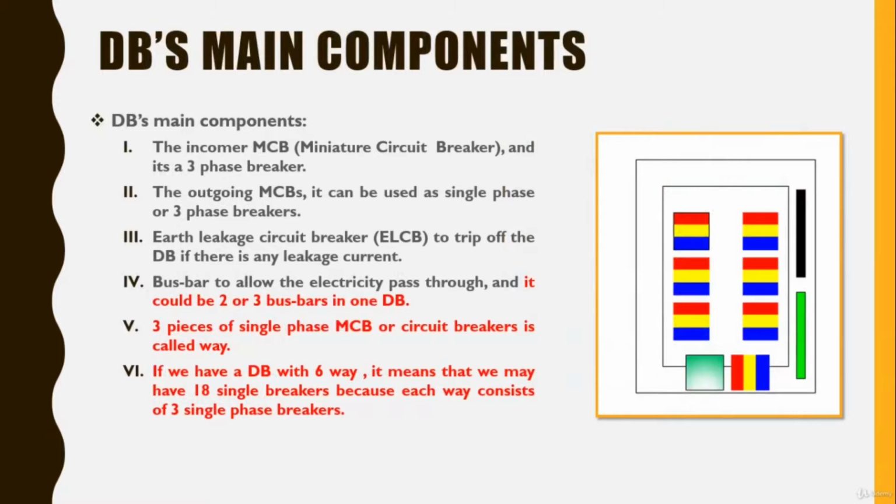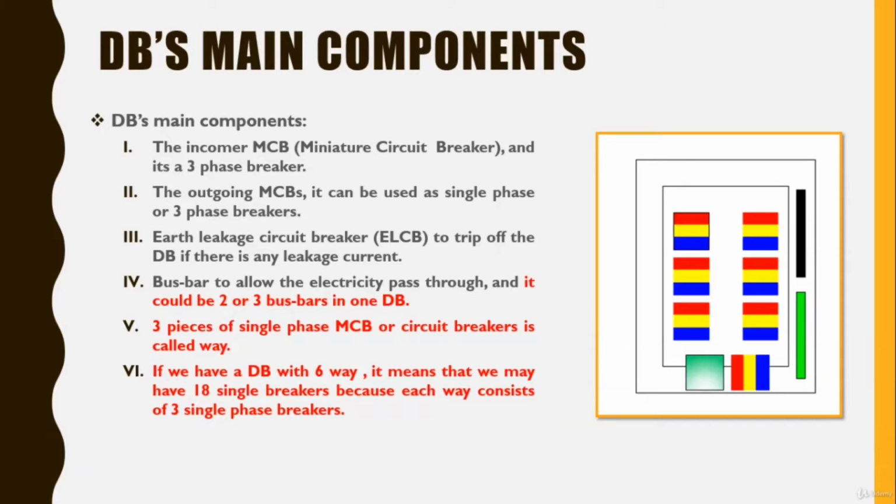The main components. Number one, the incomer breaker, which is called MCB, miniature circuit breaker, and it is a three-phase breaker. Number two, the outgoing MCBs, which can be used as single-phase or three-phase breakers. Number three, ELCB, or earth leakage circuit breaker, and this breaker is used for safety.